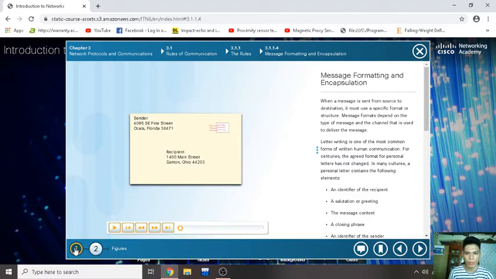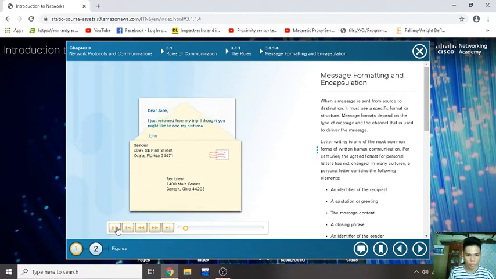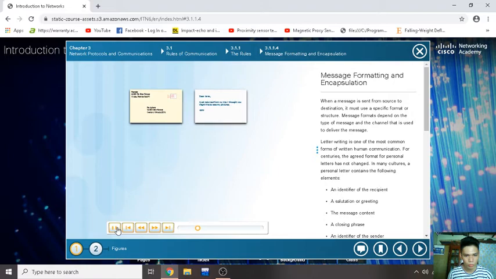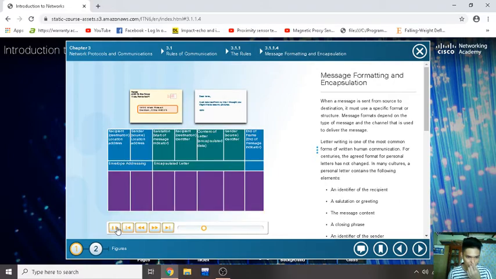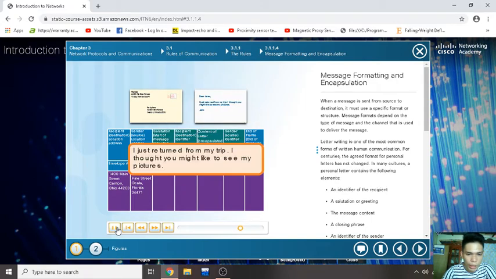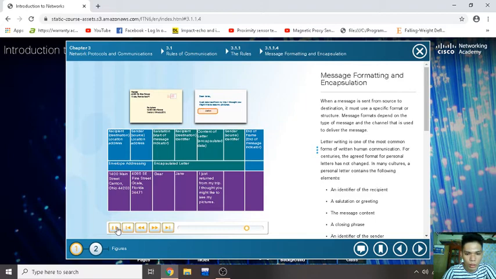Next, we'll have the message formatting and encapsulation. The recipient's location will be Main Street, Canton, Ohio 42203, and the sender's is from Florida, and there will be a salutation, and the recipient is Jane, and the message content, and the sender is John, and the end of the frame of the message will be an indicator of that.